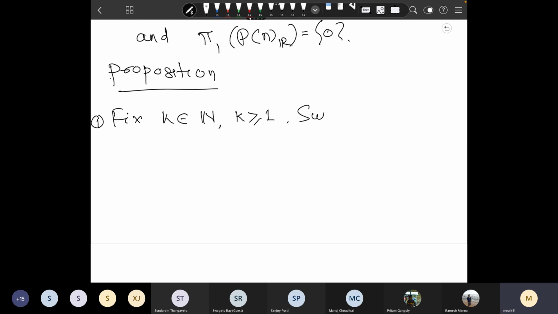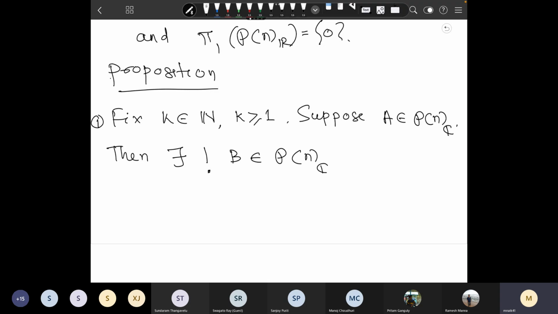Suppose A is positive definite, then there exists a unique B belonging to P_n(C) so that B to the power k is equal to A. Moreover, B continuously depends on A.